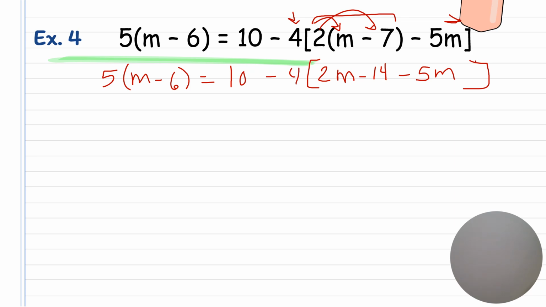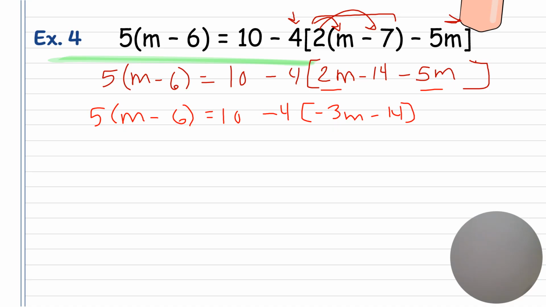Okay, I see still in this group that I can combine some things. So let's do that 2m minus 5m, so negative 3m minus 14. Still have that negative 4 out front. Okay.